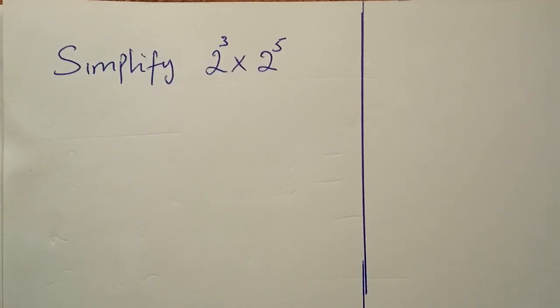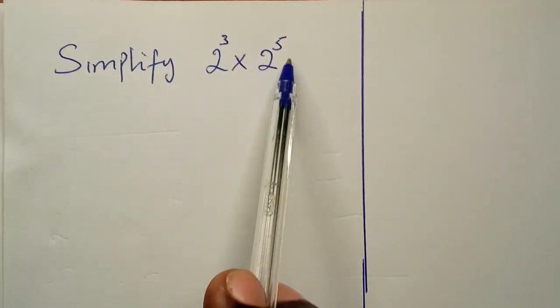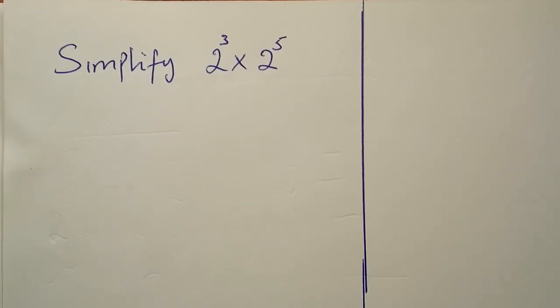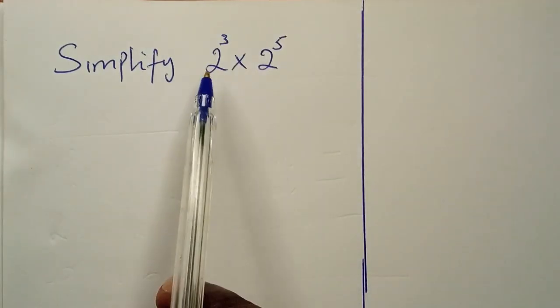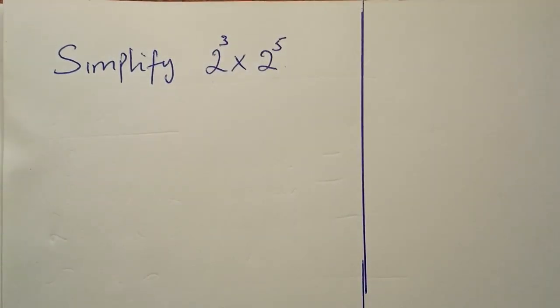First, I would like us to simplify this particular expression, 2 to the power 3 times 2 to the power 5. In fact, looking at this expression, to simplify this, we need to first of all use the law of indices, which states that if the bases are the same, as you can see here, but the powers are different, then we need to use the base and add their powers.